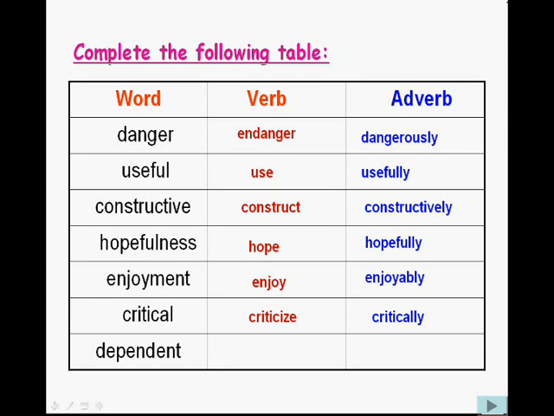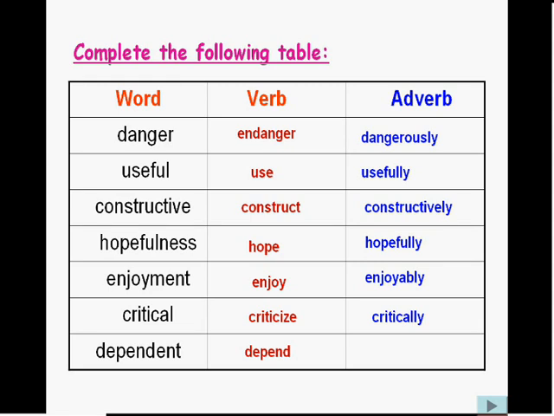Okay? The last word we have is dependent, and the verb is depend, okay? And when you depend on somebody, it means that you wait for help from this person. Like a baby depends on his mother, okay?